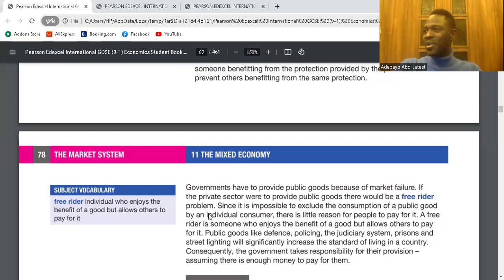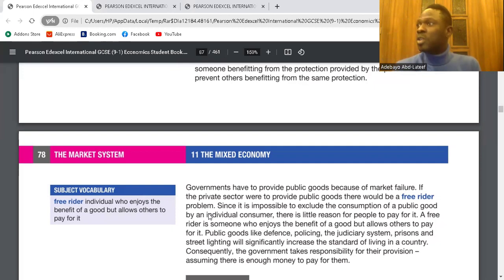Because there's market failure. Because the market forces for demand and supply are not providing these goods and services that we wanted. There's market failure. Why is the private sector not providing them? They are not providing them because they are non-excludable, they are not rivalrous.